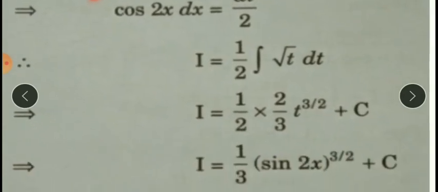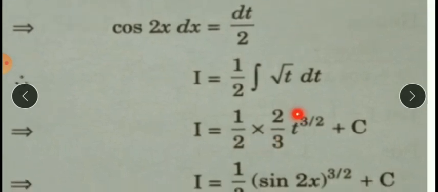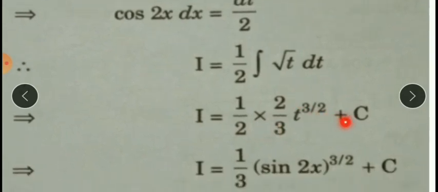Substituting this value, then integration I is equal to 1 upon 2 integration root t dt. Multiplying, here I is equal to 1 upon 2 into 2 upon 3 t raised to 3 by 2 plus c.